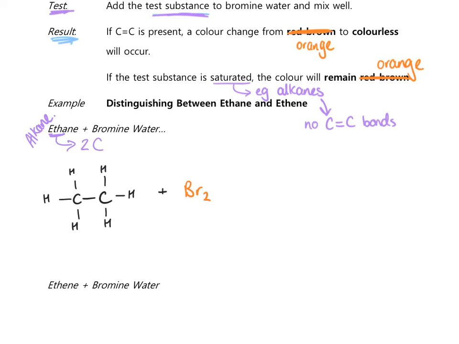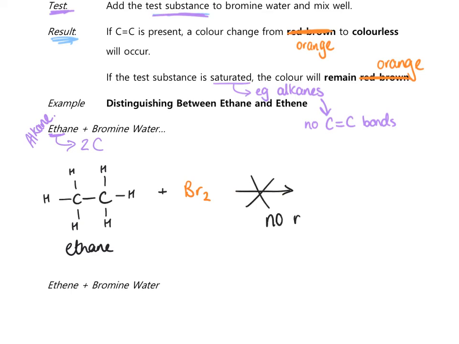Well, what you can see from your ethane molecule is that there is no space for our bromine atoms to add into our ethane because the molecule is already saturated. There's already 4 single bonds around each of my carbon atoms, so it doesn't have any room for any more. So actually, no reaction happens.